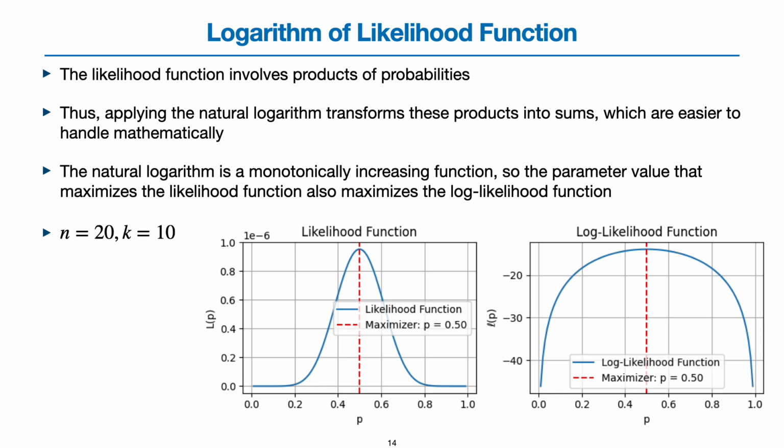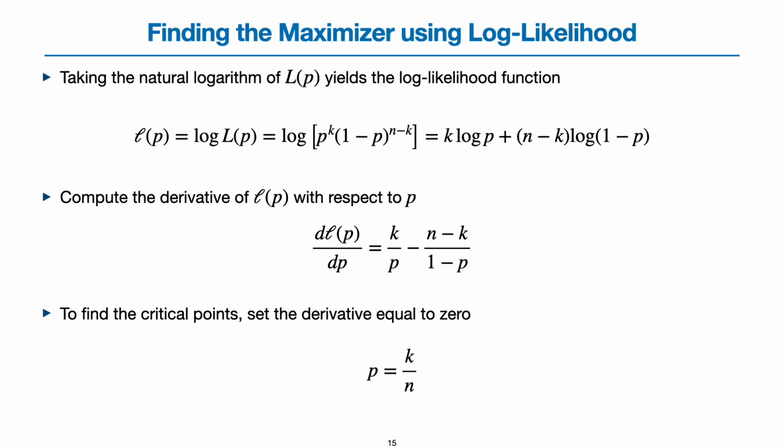And this is very helpful, right? So why is this helpful? You can see this in the next slide. If I have this product of probabilities, I know that the log of a product is the sum of the logs, right?